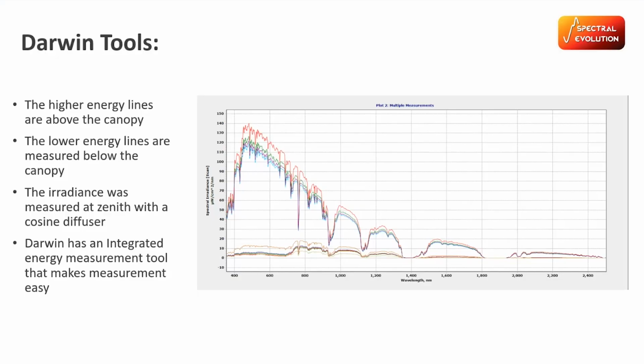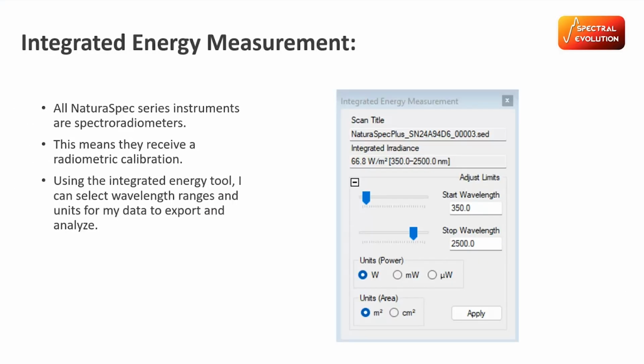with a cosine diffuser. And we used the integrated energy tool in Darwin, which is in all of our Darwin software to calculate these energies. So each spectroradiometer, the NaturaSpec series, remote sensing series of instruments, they all get a radiometric calibration.